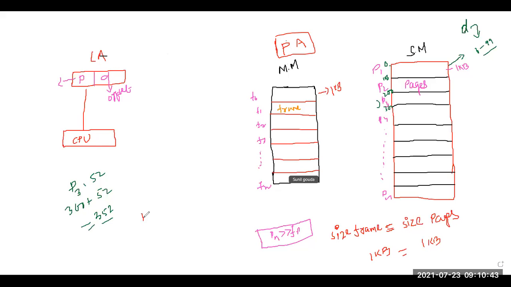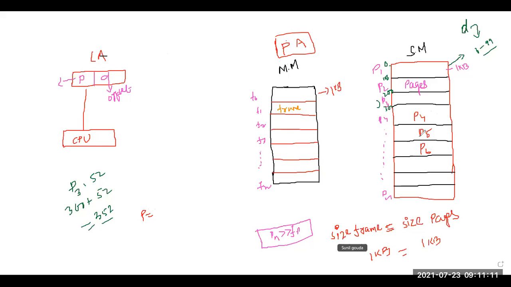Now assume there is a program P which is stored in page number 4, page number 5, and page number 6. Program P is stored in pages 4, 5, and 6. It requires 3 blocks, 3 pages, and I am storing these particular pages.